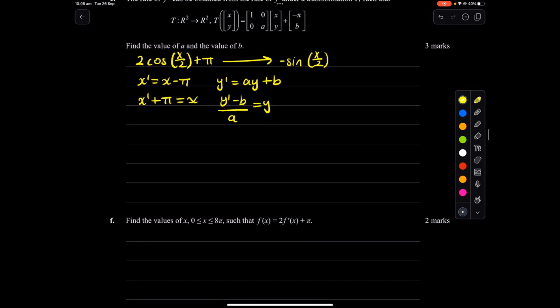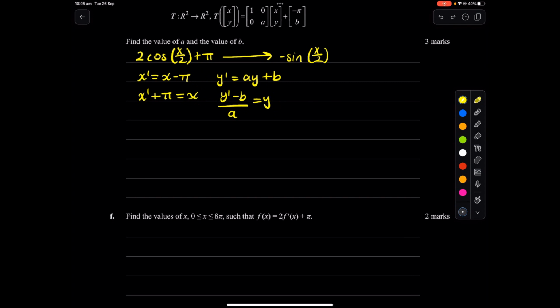Okay, so subbing these over here into this, we get y minus b over a equals 2 cos x dash plus pi over 2 plus pi.